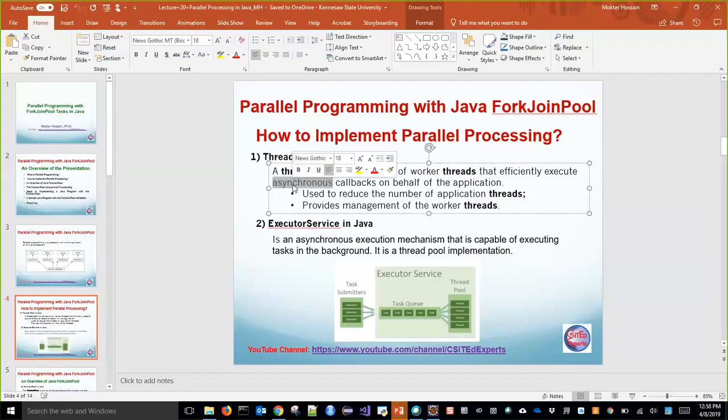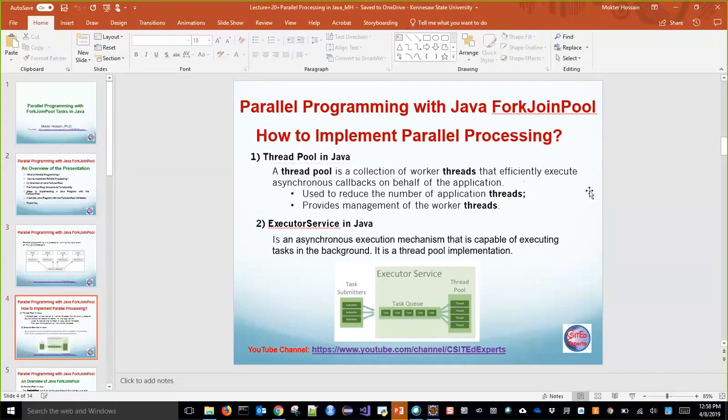There will be a repository, or pool, meaning a repository or stack of tasks. All the tasks will go to that pool, and multiple threads will take each of the tasks and execute them. So that was a good technique for parallel processing, but later Java introduced another technique called executor.